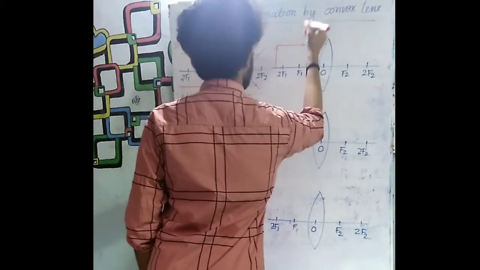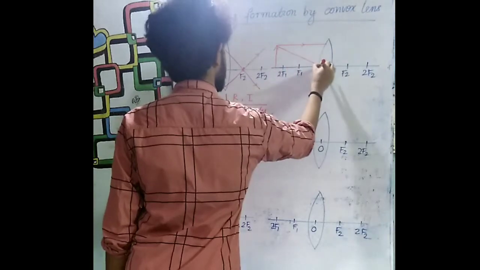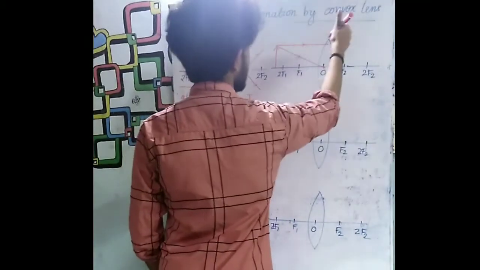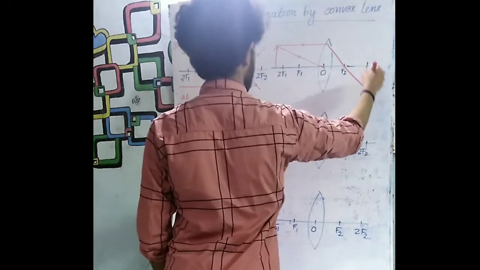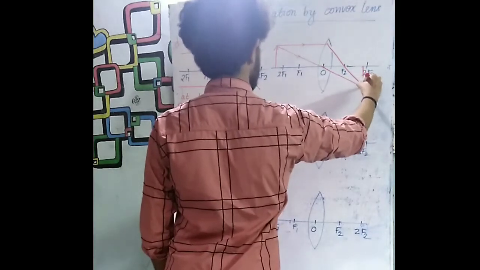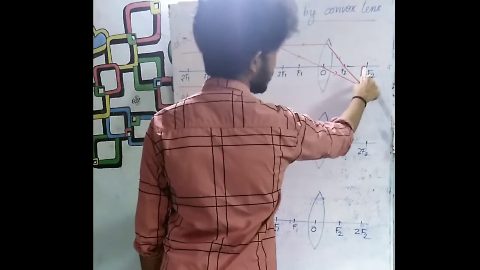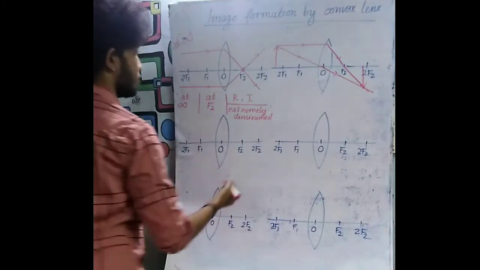This is the first ray, which is parallel to the principal axis, and the second ray, let it be incident at the optical center. The one which is incident parallel to the principal axis passes through the focus after refraction, and this one passes undeviated. So where is the position of the image obtained? It is between f2 and 2f2. Can you notice it? It is between f2 and 2f2.